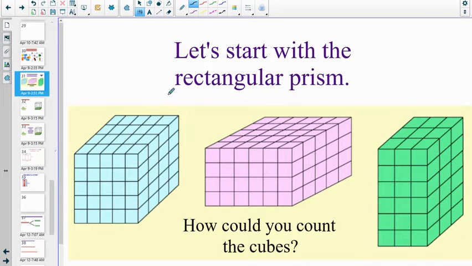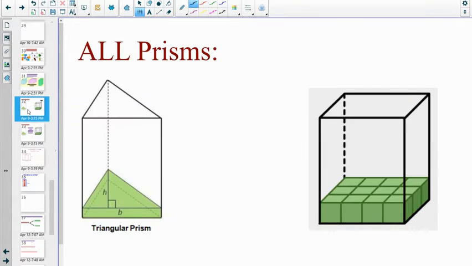Now, if I have a rectangular prism, we just kind of figured out what that formula is. Length times width times height. However you look at it, length times width times height. One dimension times another dimension times the other dimension. That gives you the volume of a rectangular prism. Nice, easy formula, but it doesn't work for all of them.